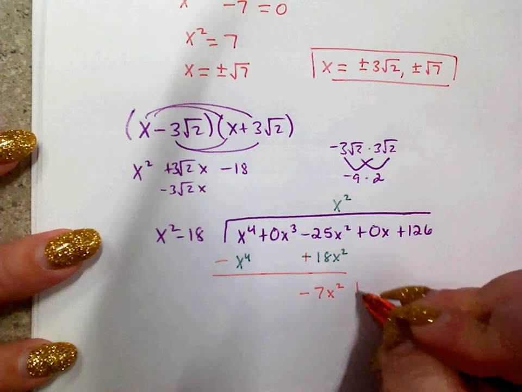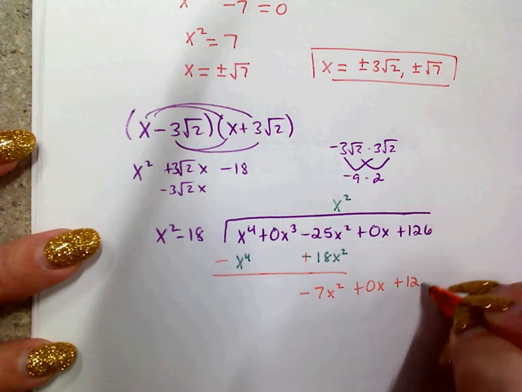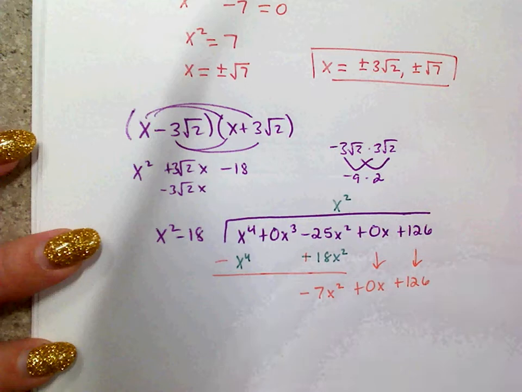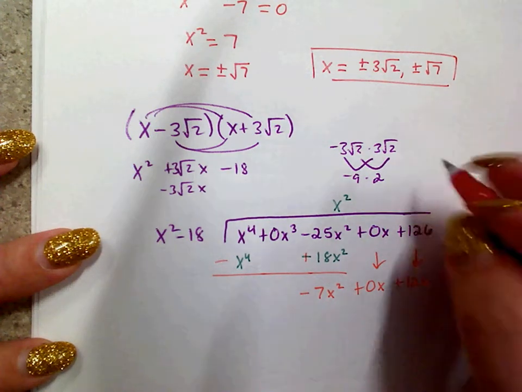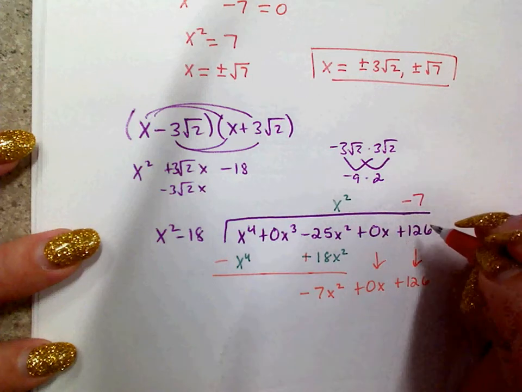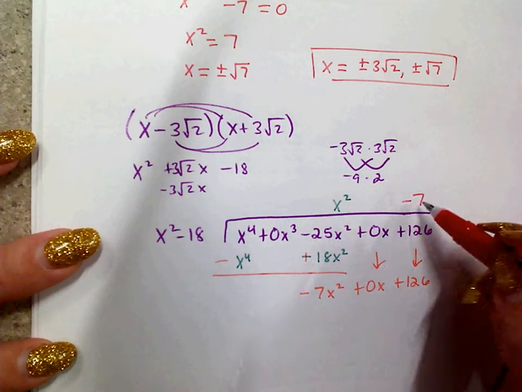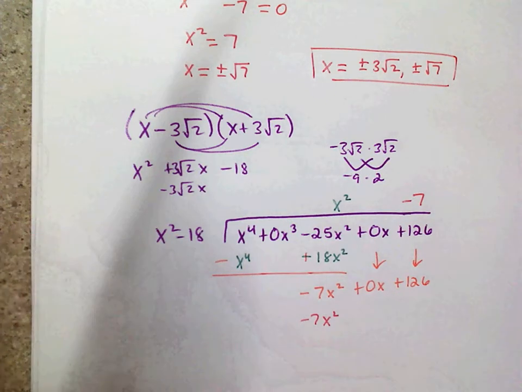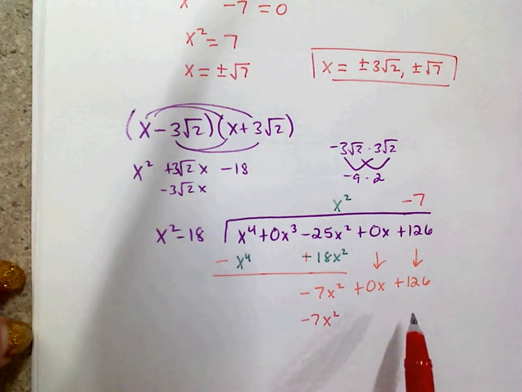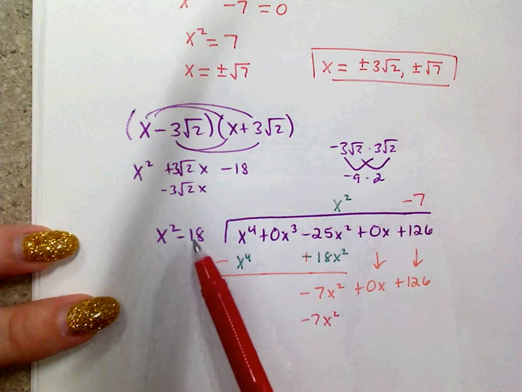Alright. What do I need to multiply x squared by to get negative 7x squared? That's a negative 7, a constant, so I'll put it there. A negative 7 times x squared is a negative 7x squared, and a negative 7 times a negative 18, I'm hoping is 126. 7 times 10 is 70. 7 times 8 is 56. 70 plus 56 is 126.